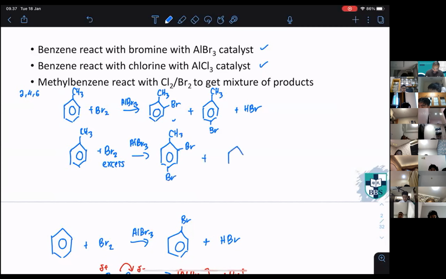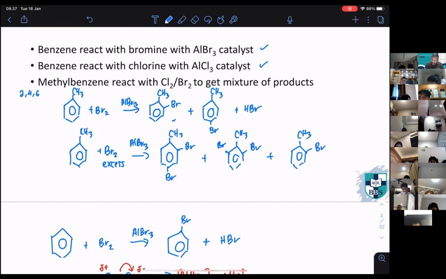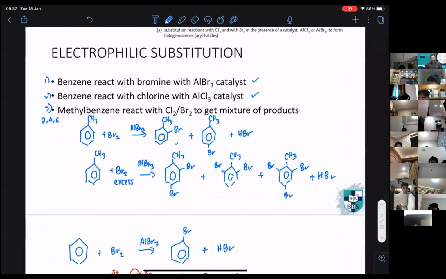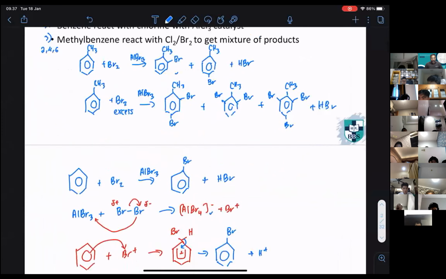Or you can have a situation where you have the CH3 here, Br will come here, Br will come over here, and another situation where you have all the Br at position number 2, 4, and 6. And of course you will have HBr. If you look at it, that is 3 electrophilic substitution reactions, and the mechanism. So I'll just move on.